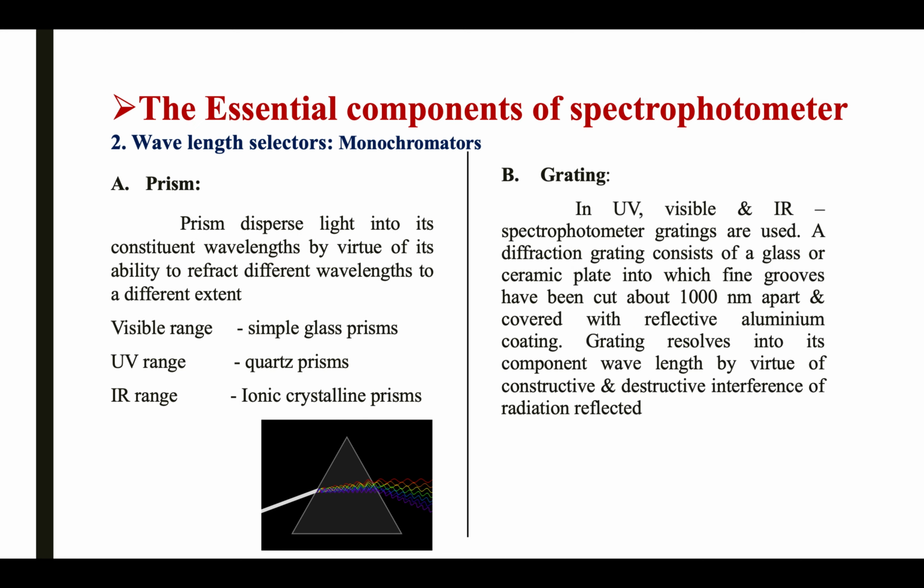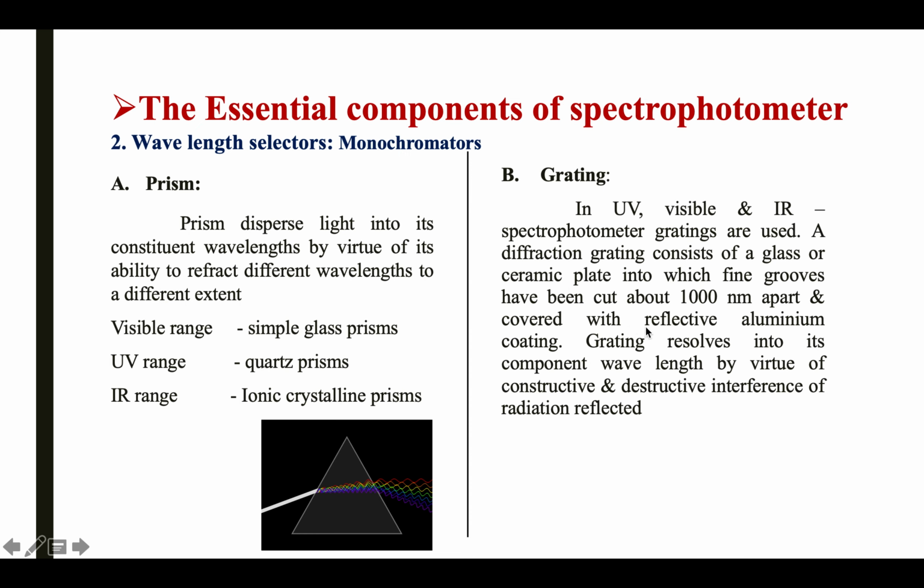Another type of monochromator is the grating. Nowadays gratings are widely used. In UV-visible and IR spectrophotometers, gratings are used. A diffraction grating consists of a glass or ceramic plate into which fine grooves have been cut about 1,000 nanometer apart and covered with a reflective aluminum coating.